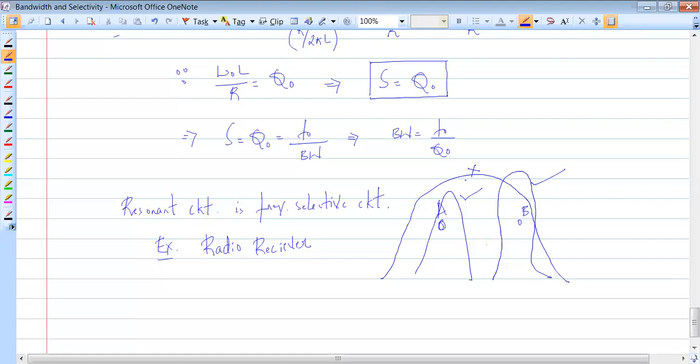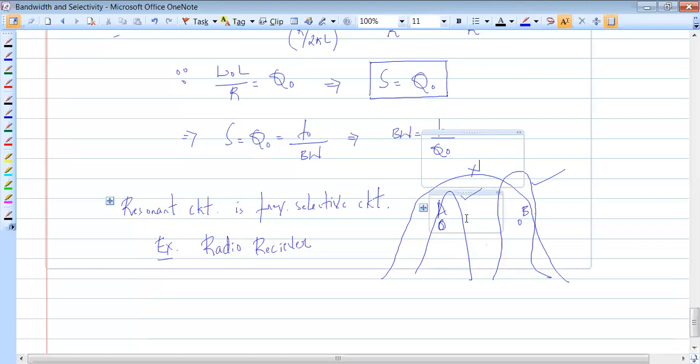What should be the bandwidth of the resonant circuit? The bandwidth F2 minus F1 should be what for selectivity to be good?